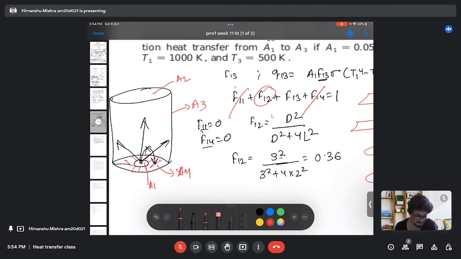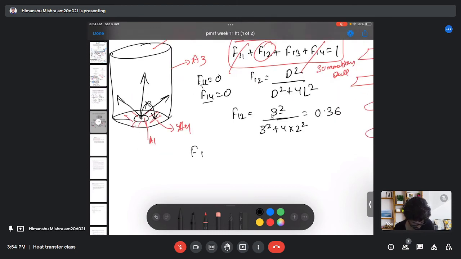Now I can find F13 from the summation rule. My F13 will be 0.64.